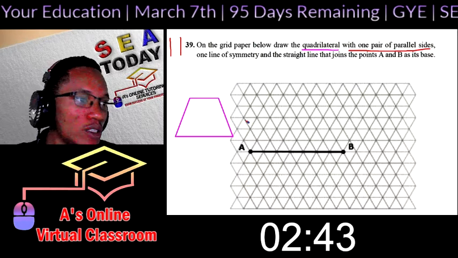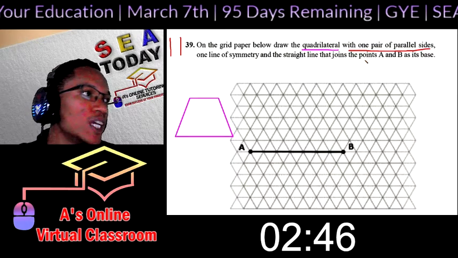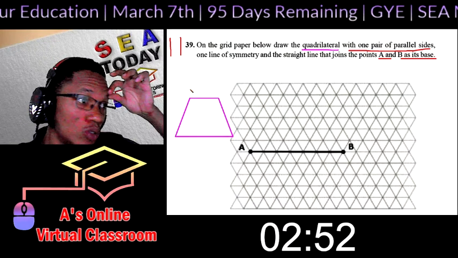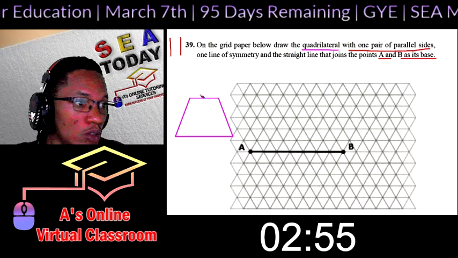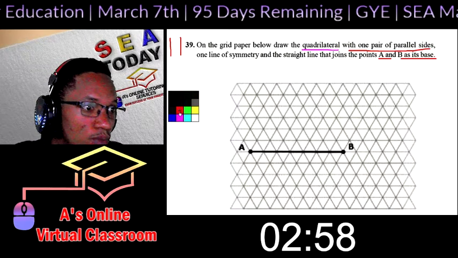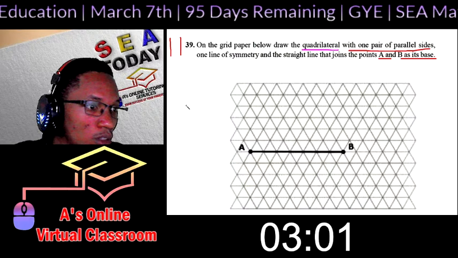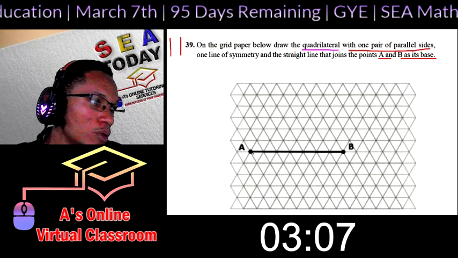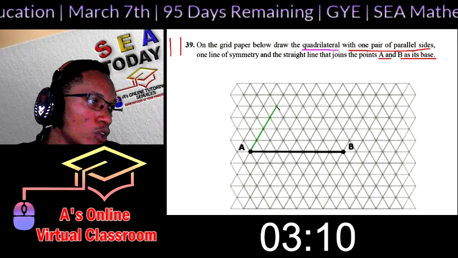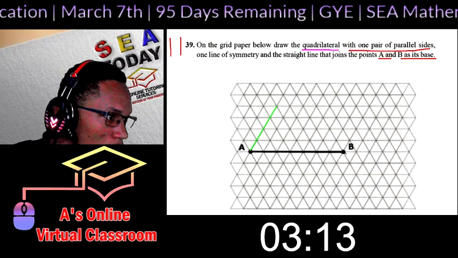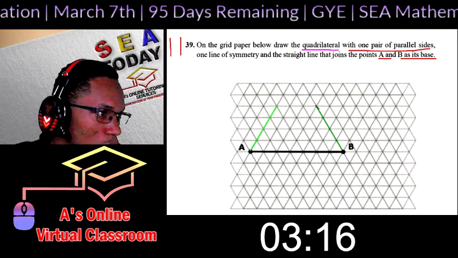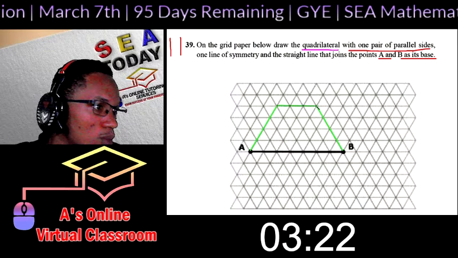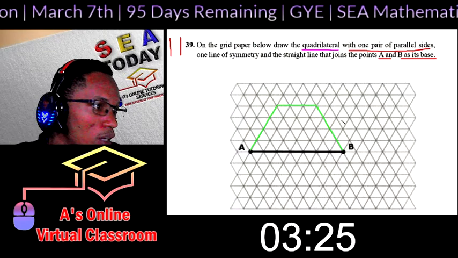So we're gonna have to draw this on our grid, using A and B as its base. Alright, so let's see how best we can draw this here now. Let's get a bright color so we can see it. So this is the base, and we can come up 1, 2, 3, 4 on this side, and we can come up 1, 2, 3, 4 on this side, and bring our line on top to connect it.